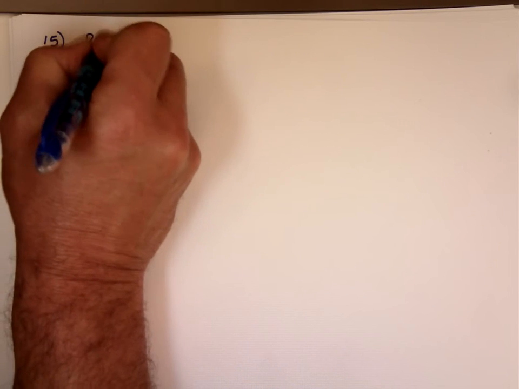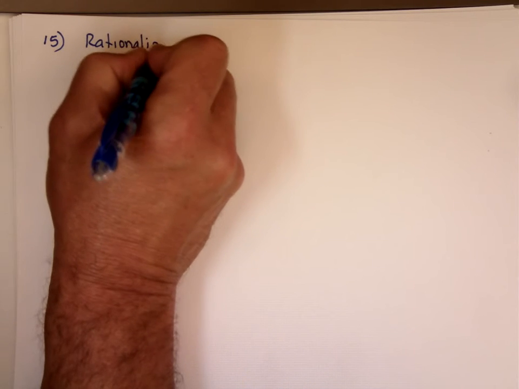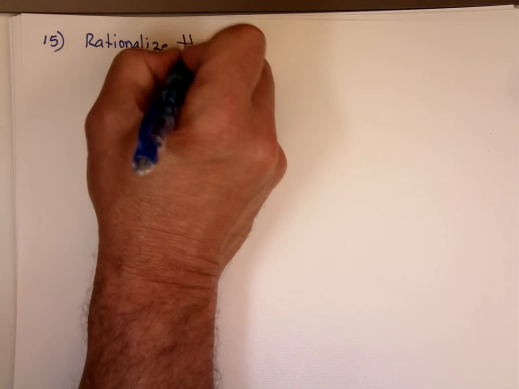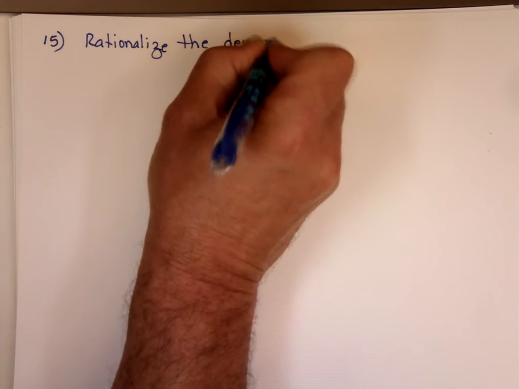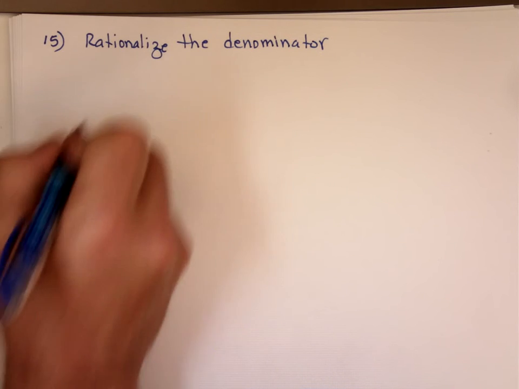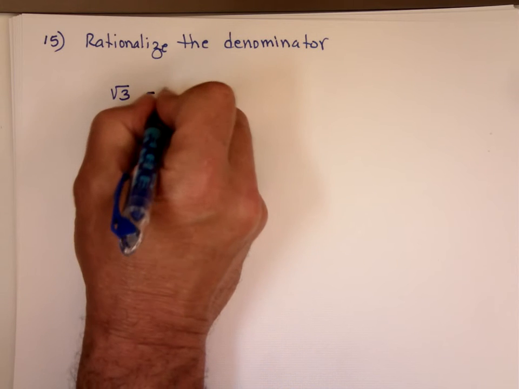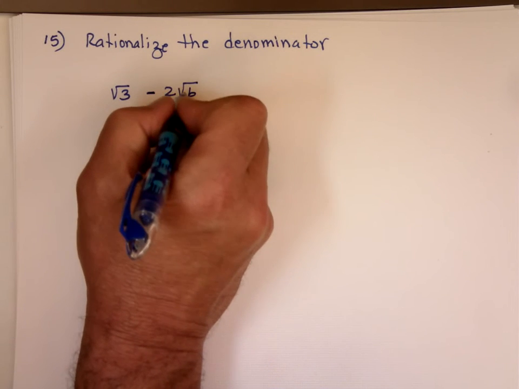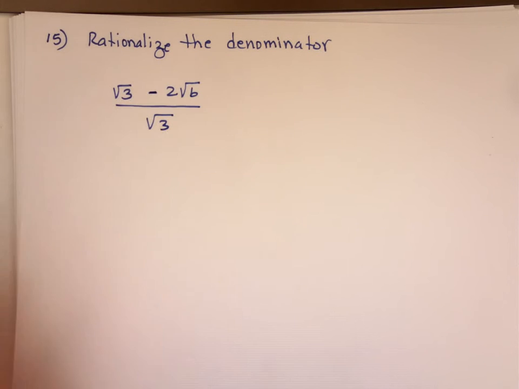Rationalize the denominator. Which means they don't want to see a square root in the bottom.